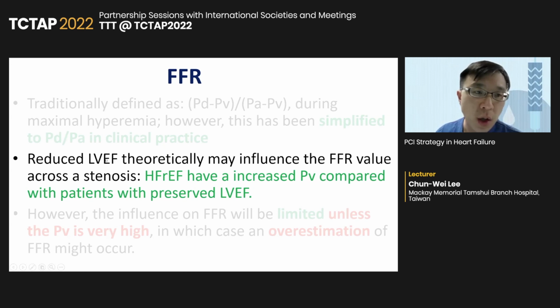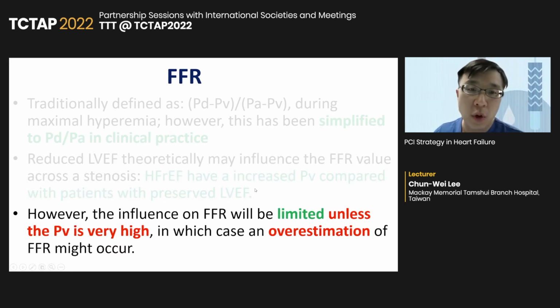For those patients who have reduced LV ejection fraction, the venous pressure will probably be a little bit elevated, so the FFR value will probably be slightly overestimated.